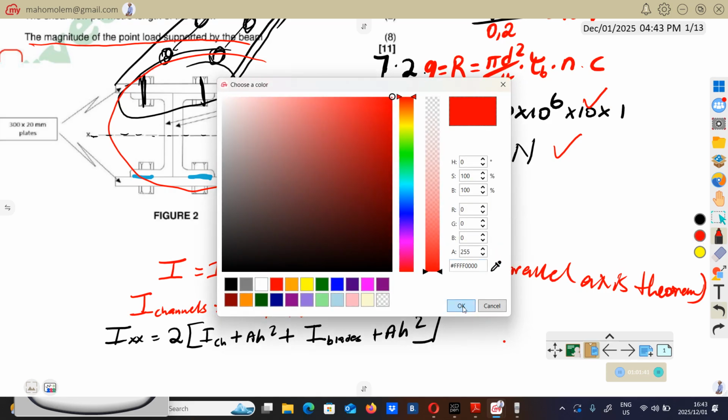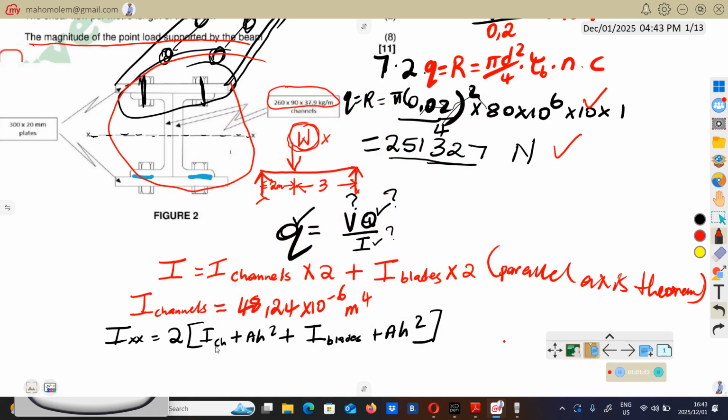Once you do this, we consider these things individually. We're going to find I of the channel and then I of the plate. When you go to the channel, we have to check which I we are going to use. Remember, we have IXX and IYY. Each profile is going to have two values of I.